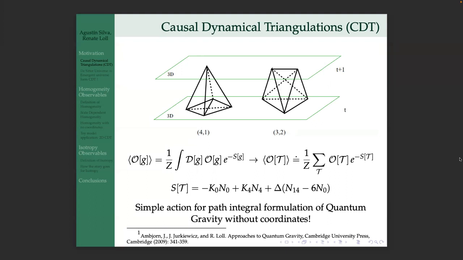Yes. So indeed, I wanted to ask this question in her talk, but I can ask here. So what happens if you include matter degrees of freedom?